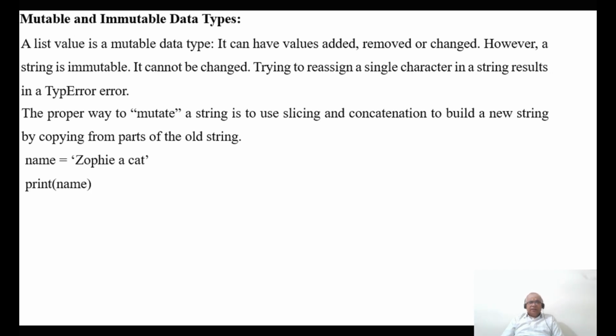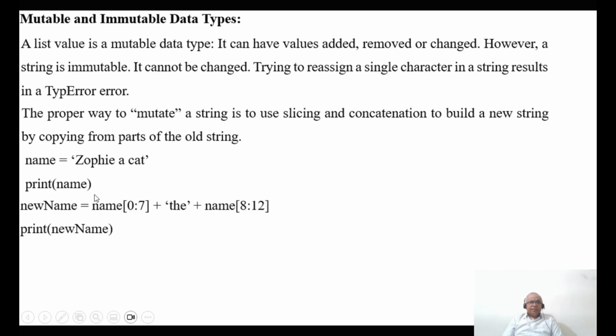For example, if I have a name which has been assigned the value Zophai a cat, and I want to print that name, having the old name as Zophai a cat, and then the new name is equal to, I am slicing now. Name is the variable, slicing between the 0th index up to one less than the end index. So that is 0 to 6.